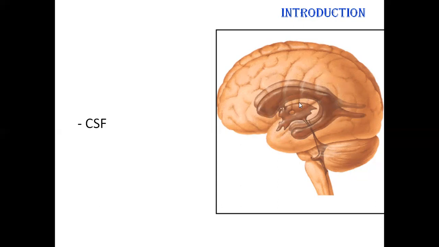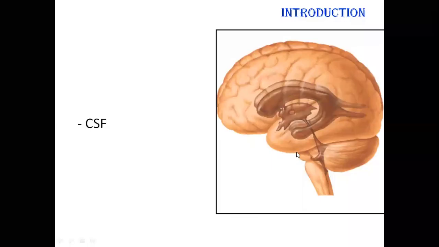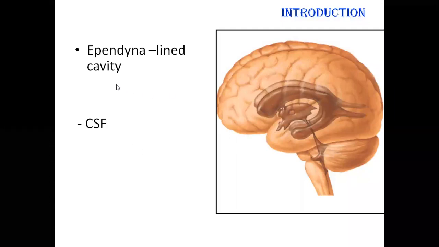Now, apart from this, you will see right and left lateral ventricles are connected by means of a foramen. You call it as interventricular foramen of Monro. Okay. So usually inside the ventricles, we have specialized cells called as ependyma.